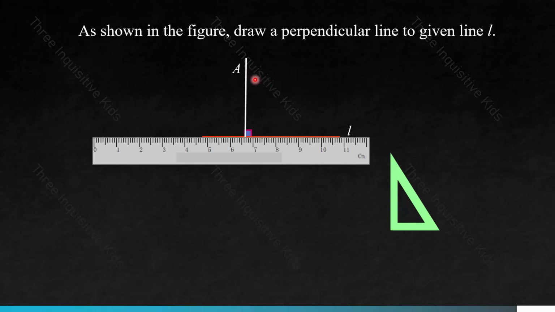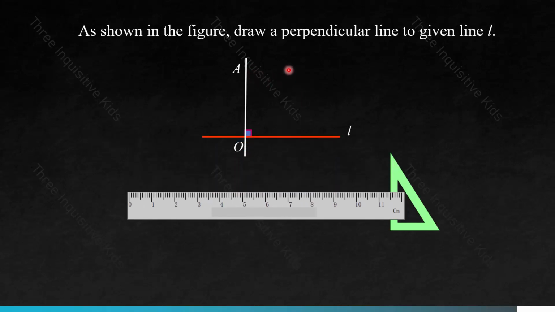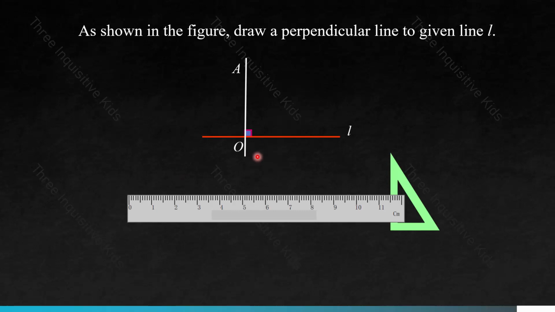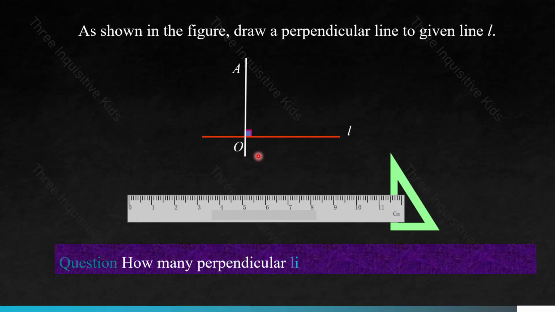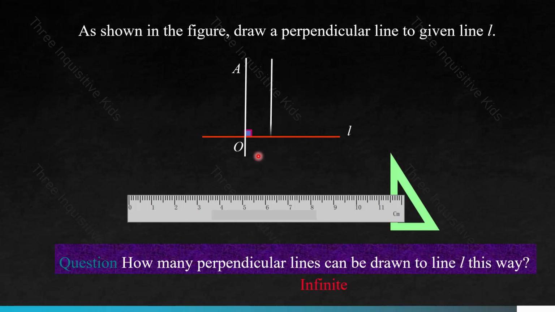We can call this point A. And this intersection point, this foot of the perpendicular, O. How many perpendicular lines can be drawn to line L this way? Well, there is an infinite amount of perpendicular lines that can be drawn this way because O can be placed anywhere.